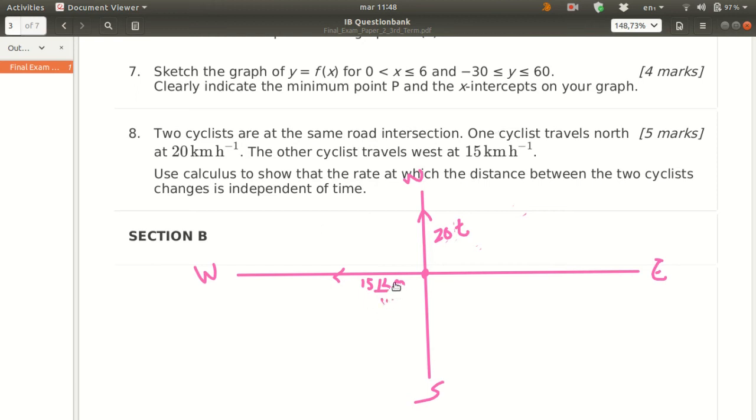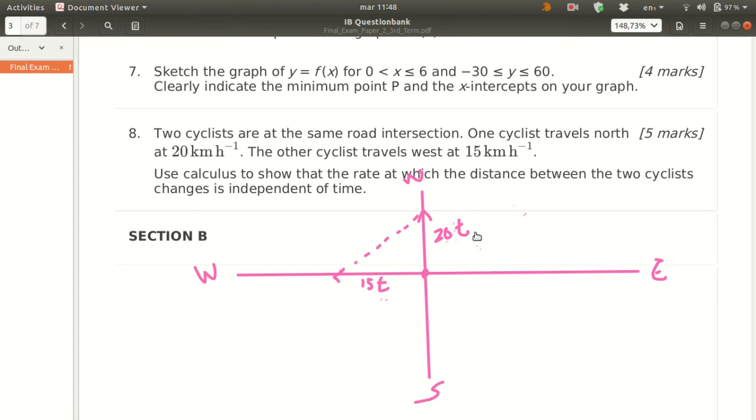And this character is going to have the same thing, okay? The distance this guy has traveled from the origin is 15t. That's the distance. Now I was talking about the distance between the two of them. So the distance between the two of them is this distance in a straight line. Okay, use your imagination here and imagine a straight line.